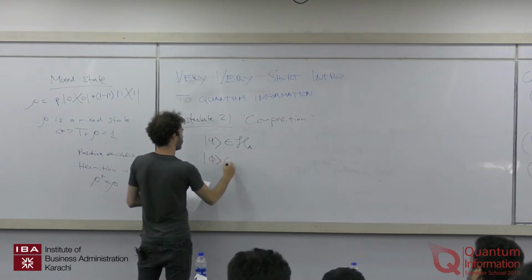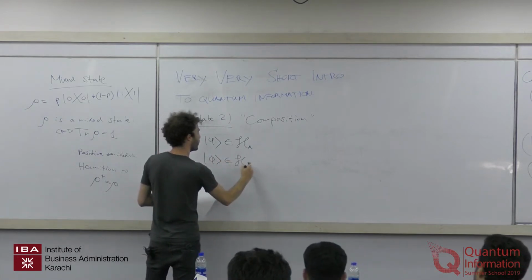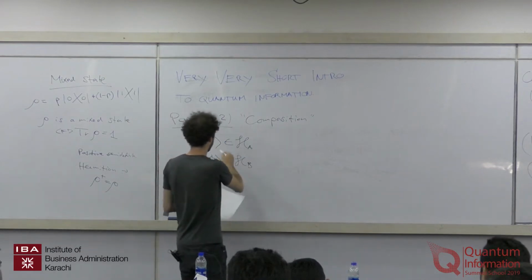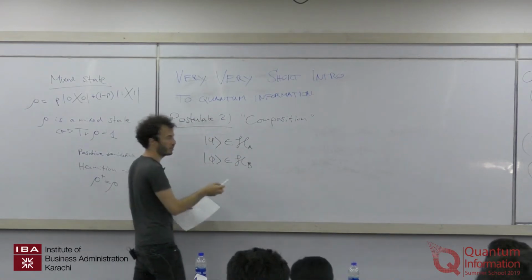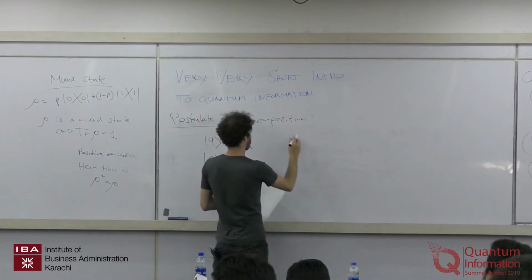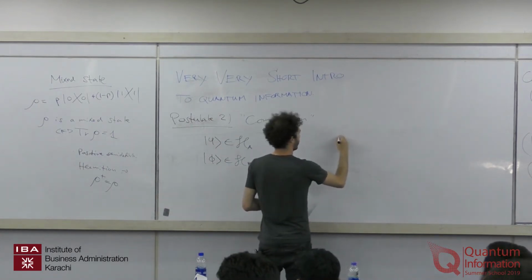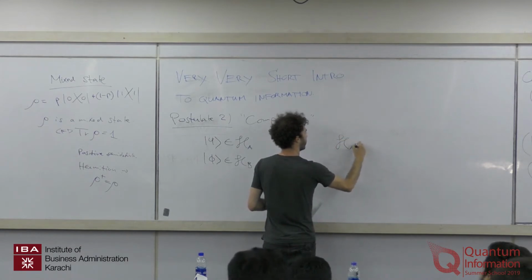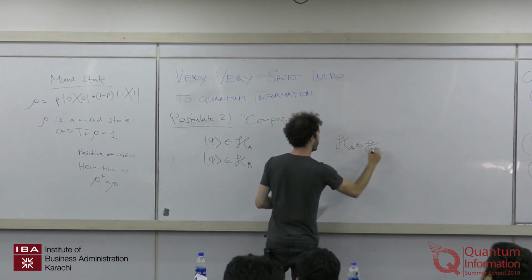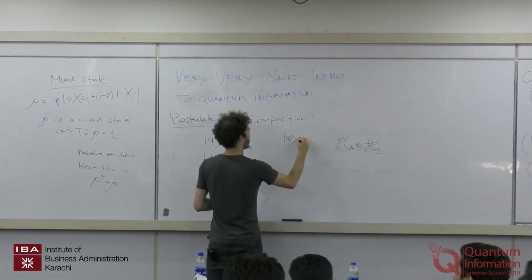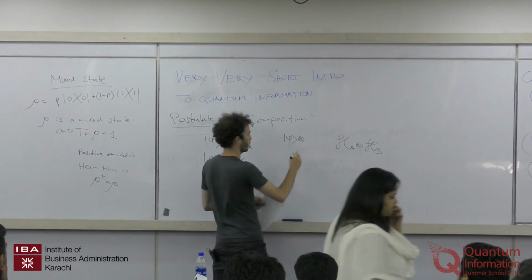And another one in the Hilbert space B, also with some dimension. Then, if I describe both systems together, they live in the Hilbert space A tensor Hilbert space B, and the state is composed by taking the tensor product.